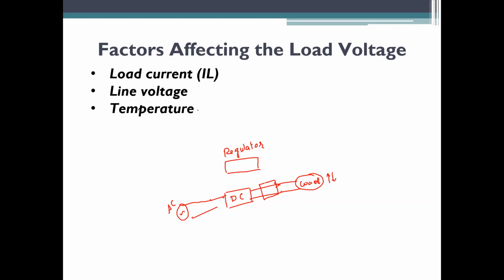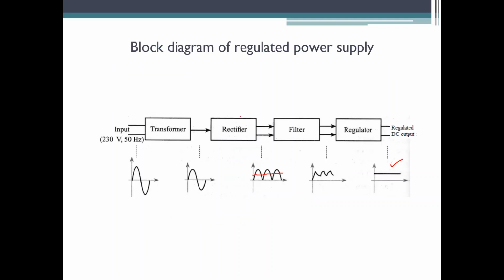Temperature is one of the parameters which in fact affects the load voltage. How does it affect us? If you check the previous diagram, you had a rectifier here, a filter here, and a regulator here. All these rectifiers and filters are made up of semiconductor devices, or diodes.